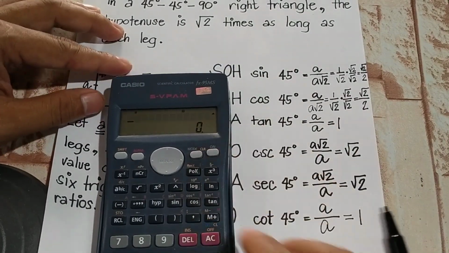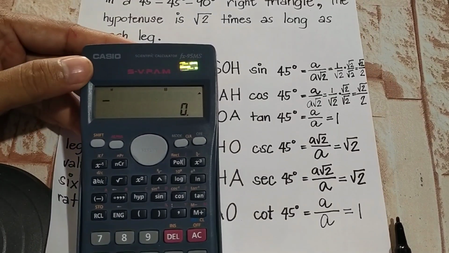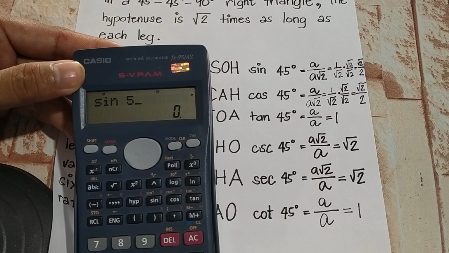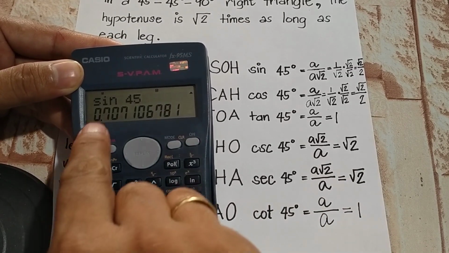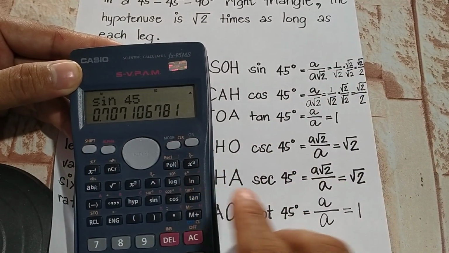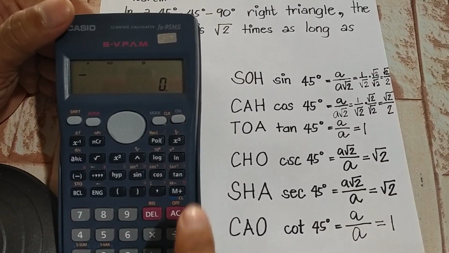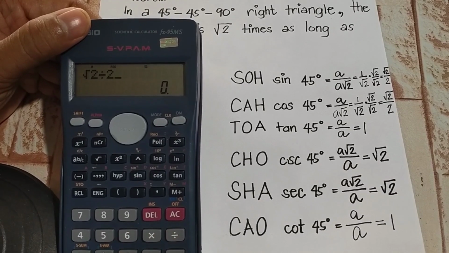Okay. So using your calculator, let's start with sine. Sine 45, that is 0.707. And that is equivalent to square root of 2 divided by 2.